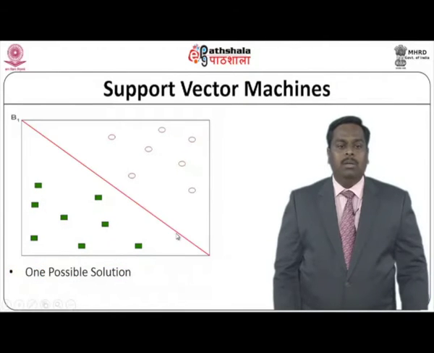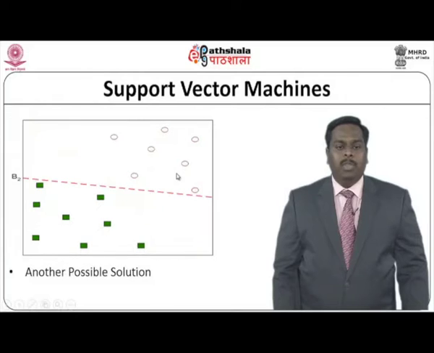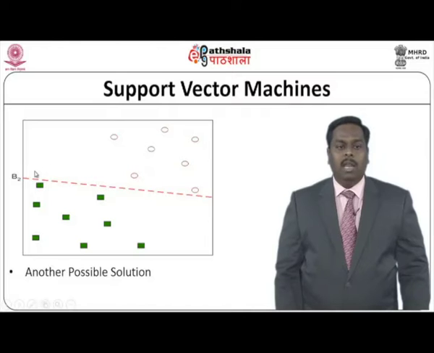So, one possible solution is, say, the line indicated by the red line. Now, this straight line will clearly help to understand that the set of data in green shades belongs to one type, and the set of data in white elliptical shade is associated with another type. But when we take a closer look at the data, we can also end up with another possible solution, say the dashed line indicated by the notation B2.